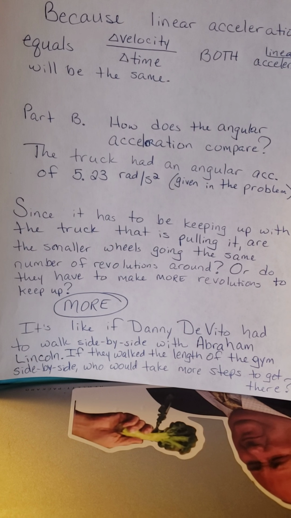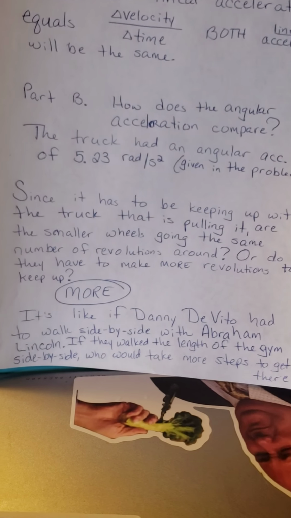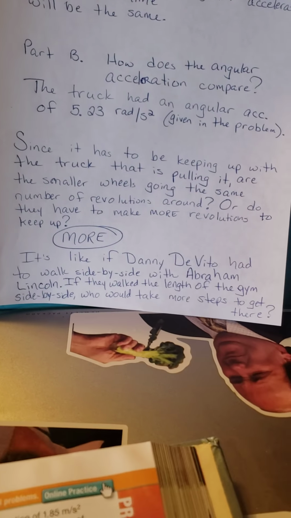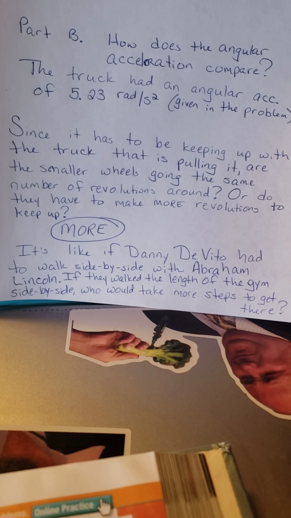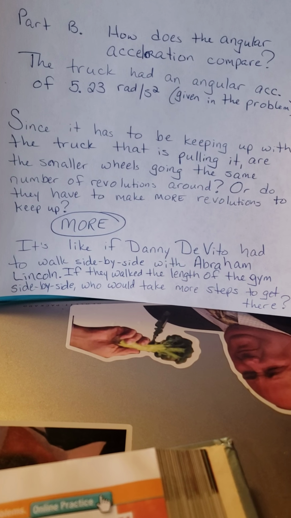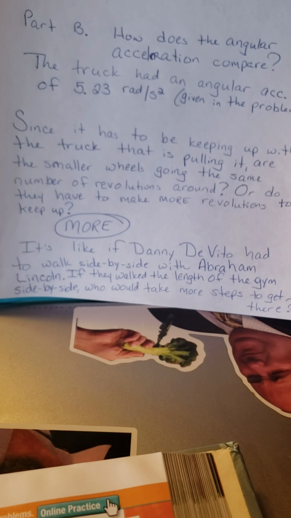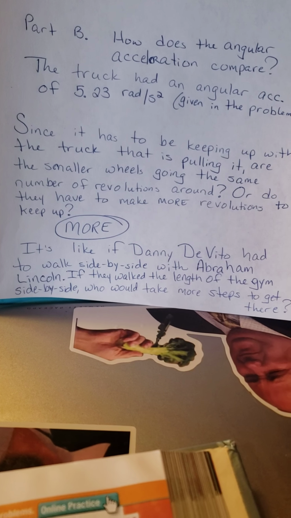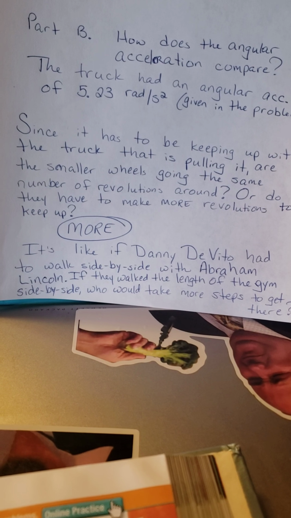Obviously, they have to make more revolutions, and I was trying to think of a way to explain that, not with wheels. It's like if Danny DeVito had to walk side by side with, let's say, Abraham Lincoln, walking the length of the gym, holding hands if they can.